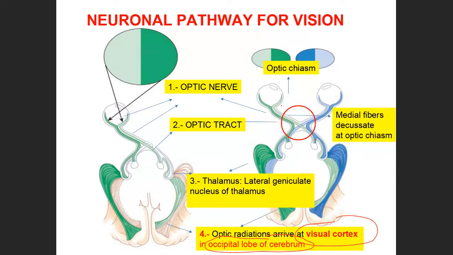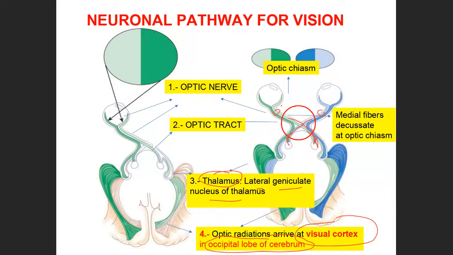The nerve that leaves the eyeballs is cranial nerve number 2, optic nerve, and some of the fibers are going to crisscross from right to left at the optic chiasm, right in front of the pituitary gland. And then from there, the information travels to the thalamus, sorry, not hypothalamus, but thalamus, right here, through the lateral geniculate nucleus of the thalamus.